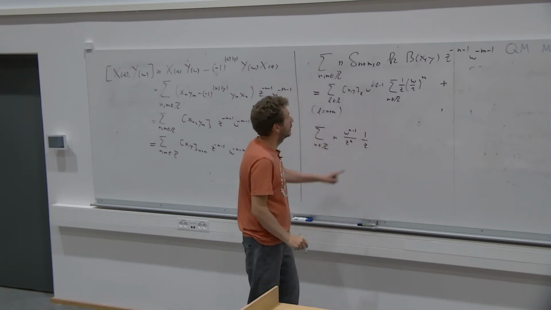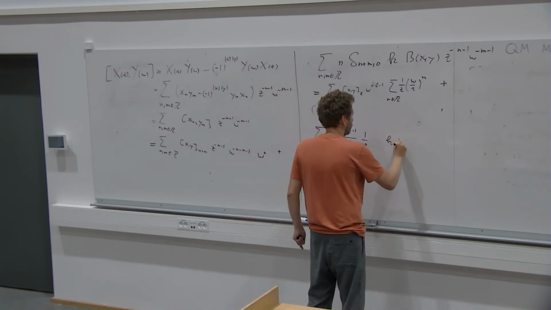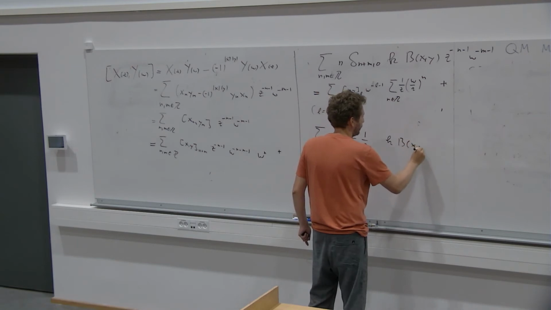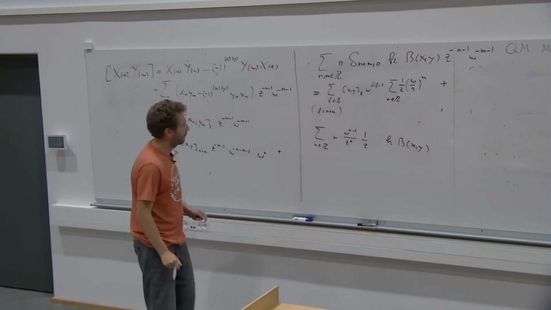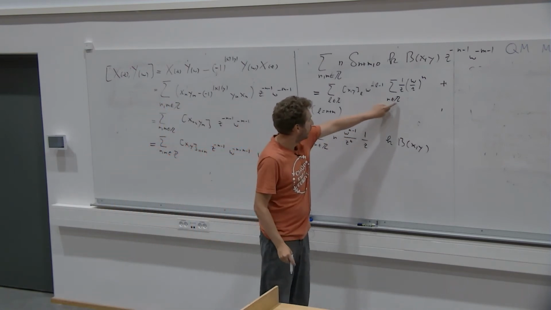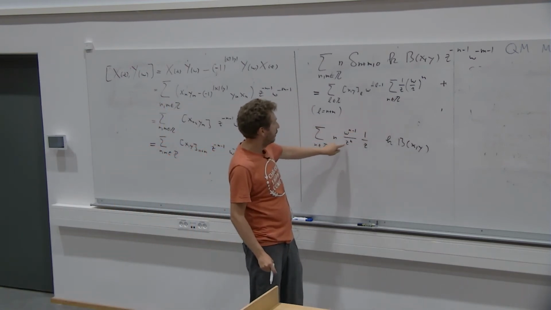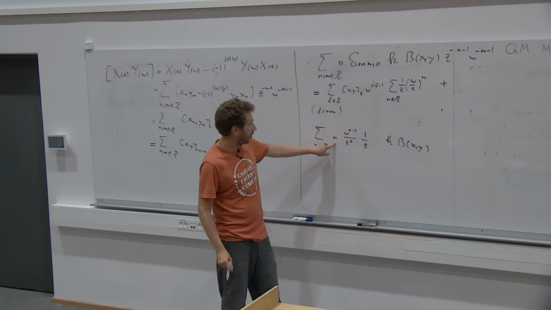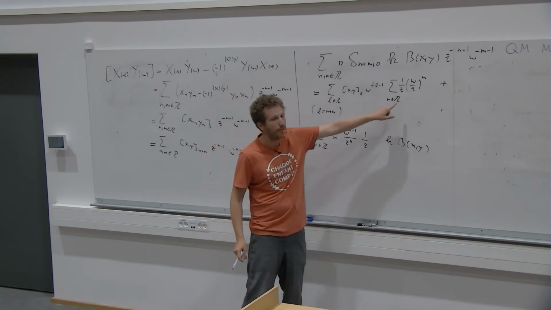Okay, and then I still have this level times the pairing of x and y. Okay, and now let's look at this. How do these two expressions compare? We see this expression is exactly the derivative with respect to w of this expression, right?